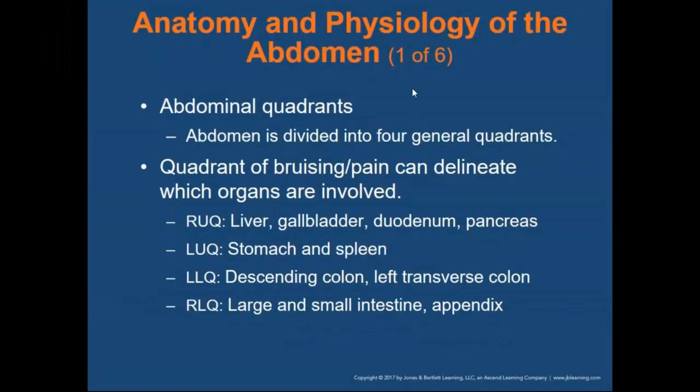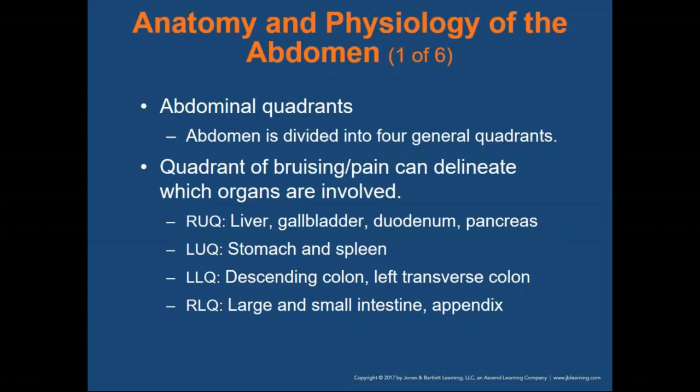Okay, if you remember back to the human body chapter when we talked about anatomy and we talked about abdominal anatomy, the abdomen is divided into 4 general quadrants, and it's extremely important for you to learn what is contained within each one of those quadrants, so that when you have a patient with abdominal trauma, you can determine what structures, what organs may be involved in that injury to your patient.